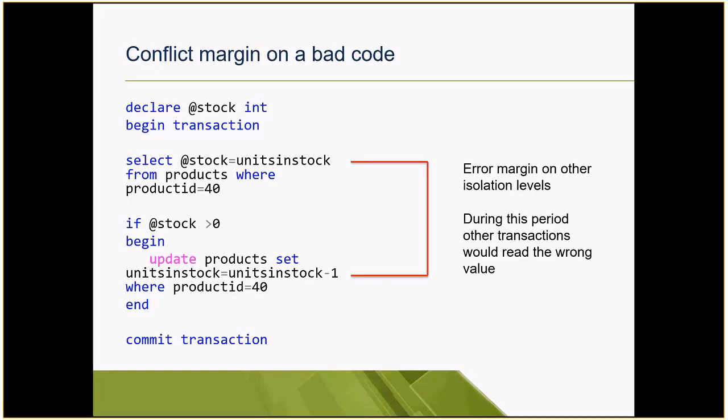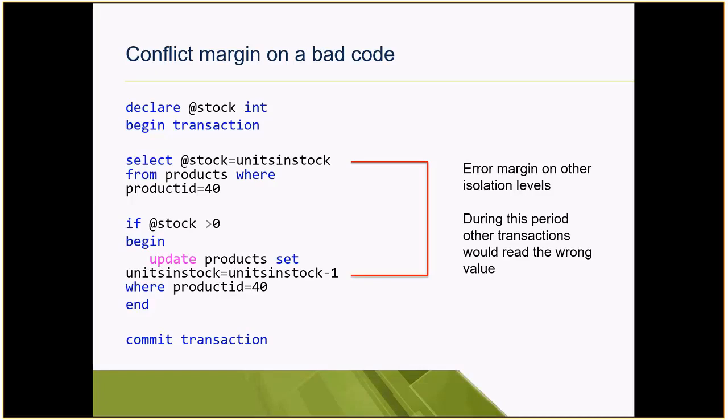Why? Because the reading of the stock is not blocking the record. The reading of the stock is reading and proceeding. This creates an error margin inside the code.